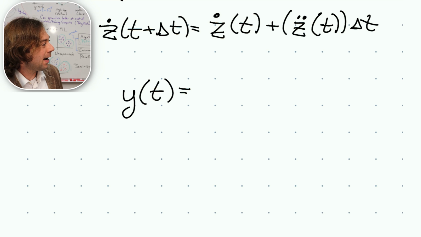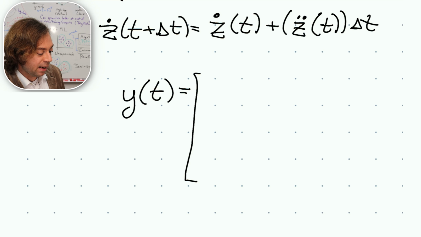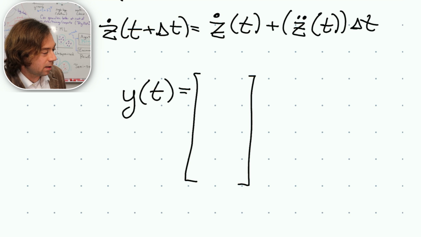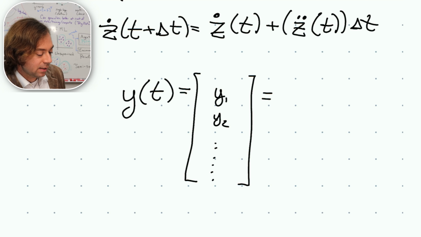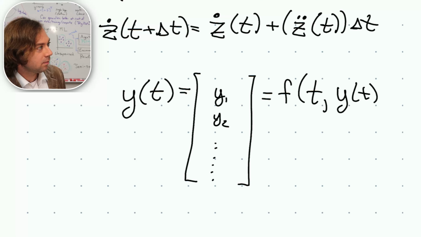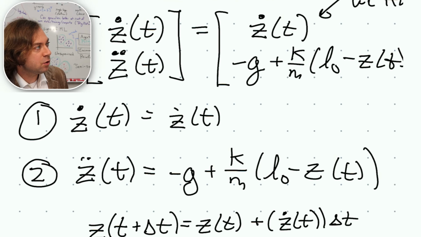You know, it has a bunch of state variables in a list. We'll call them, they can be anything. They could be, you know, y1, y2, whatever, is equal to some function of time and state. And that's literally what we did for our spring-loaded inverted pendulum here, right?